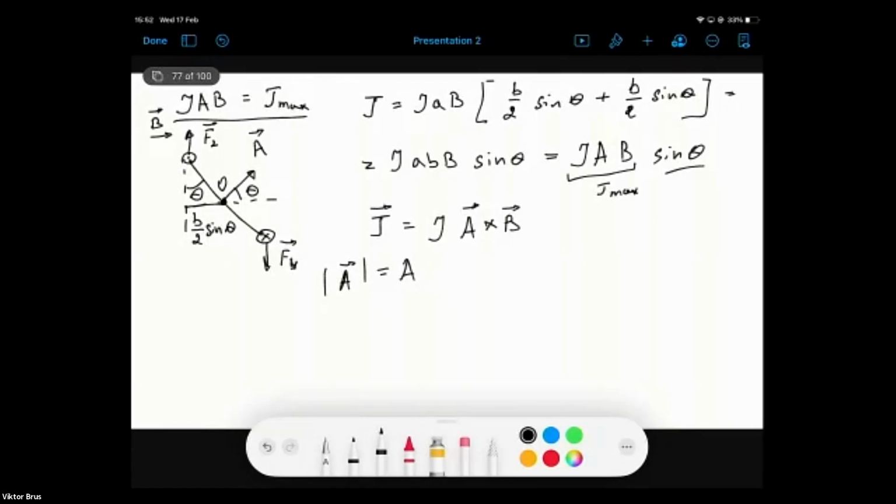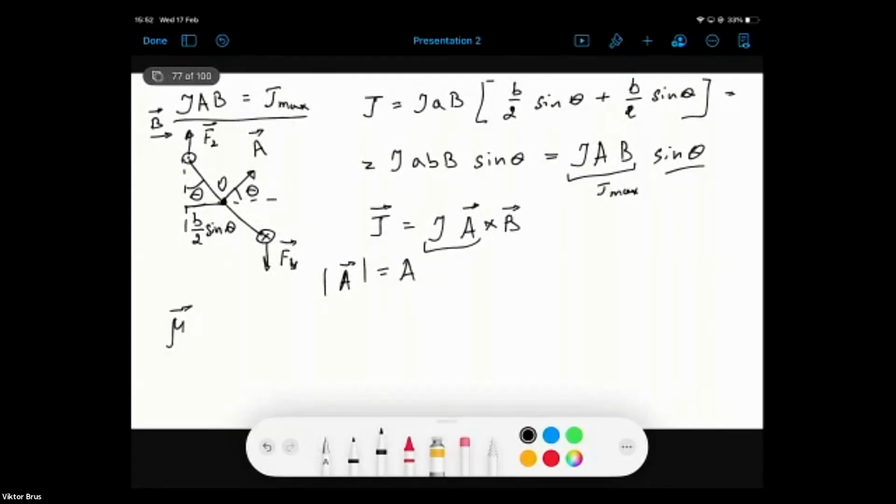So now the product of this current and vector A can be called a magnetic dipole moment, and it is written as mu.